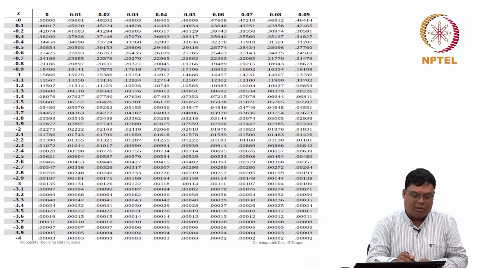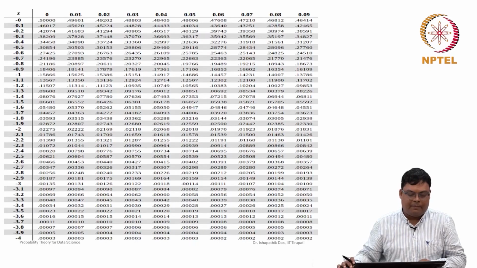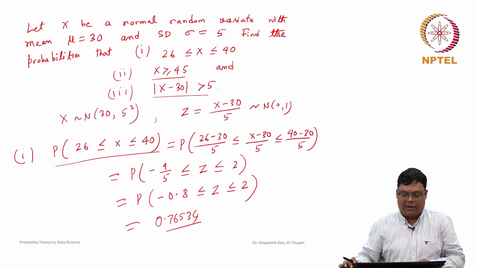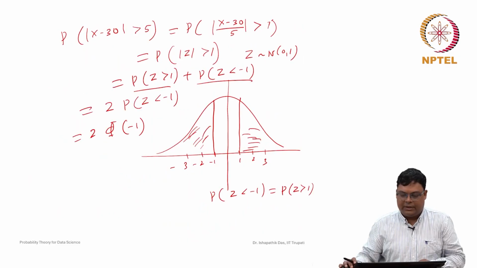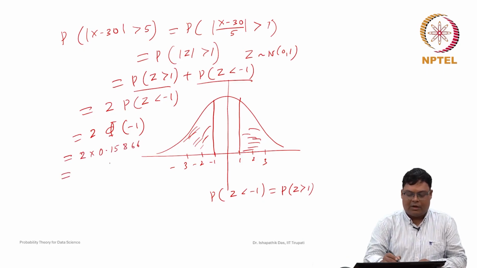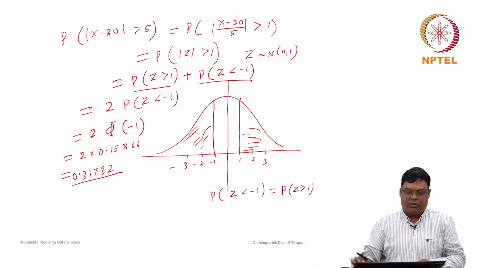So, we just have to multiply it by 2. This is nothing but 0.31732. So, this is the probability we needed to calculate.